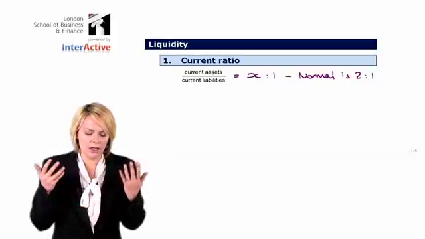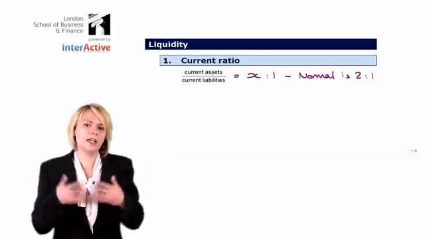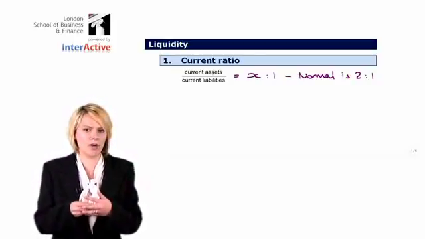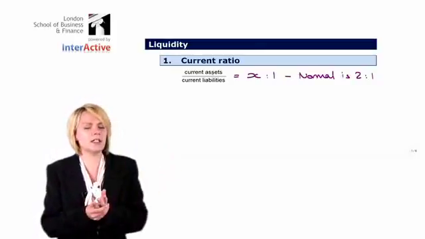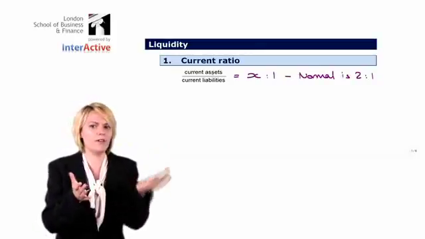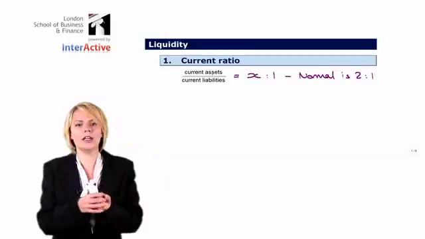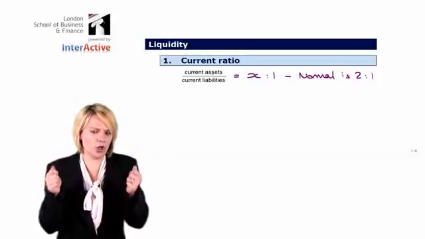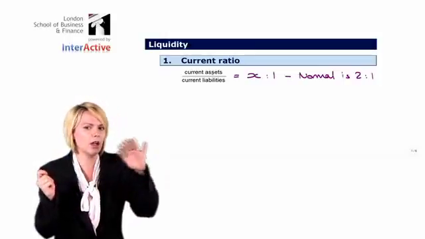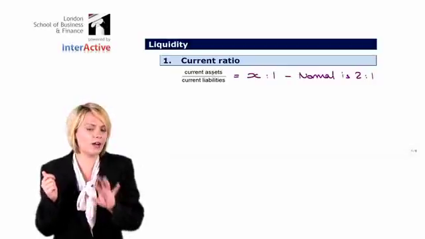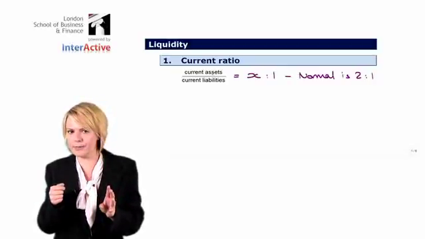So, the only problem with that is we need to think about inventory. Now, inventory has to turn into a receivable before it turns into cash. It's the least liquid current asset. It takes the longest to turn into cash out of all of the current assets.